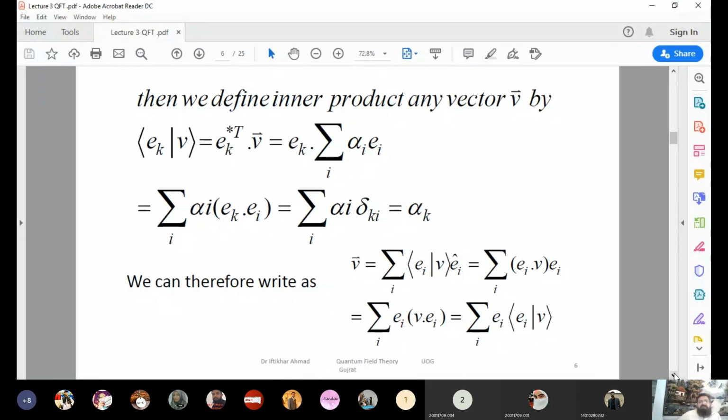So e_k inner product with V is equal to e_k star transpose dot V. I am using the webcam, so I can explain how we can take this inner product.